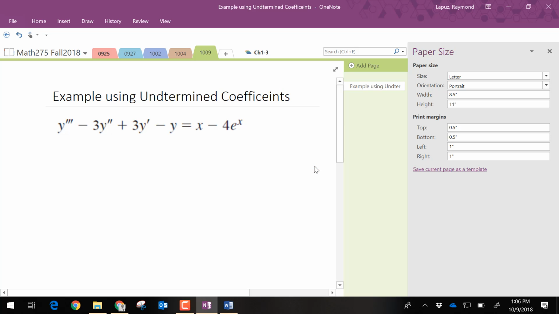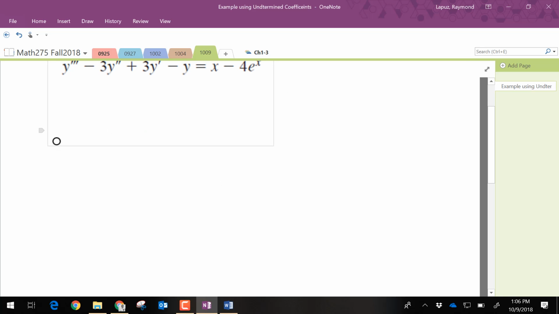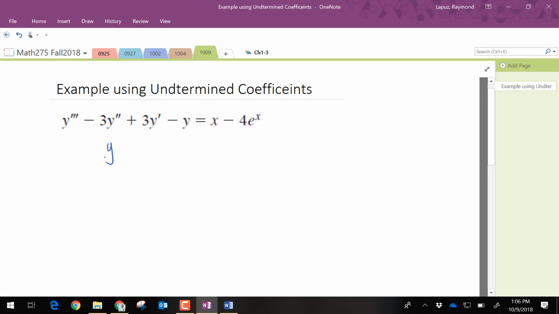All right, so the first thing to do is to figure out our homogeneous set. So let's first consider y triple prime minus 3y double prime plus 3y prime minus y equals 0.